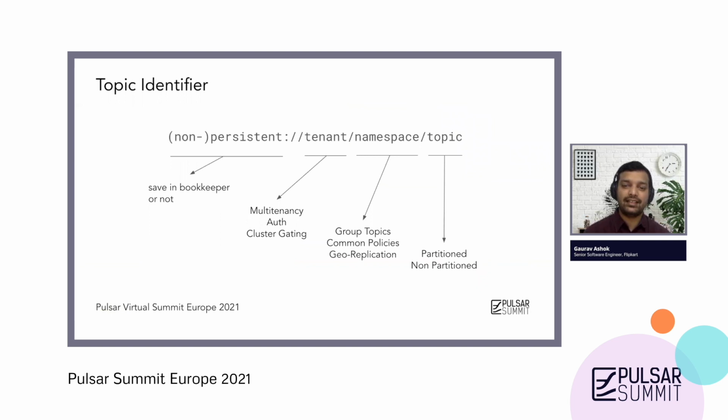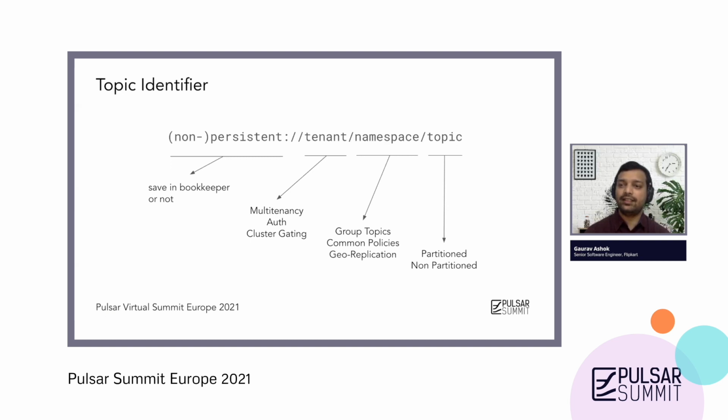The topics are actually covered under various layers. The tenant is the broadest layer, and there we have the ability to provide a cluster list, which tells the namespaces and the topics where they can have replication.